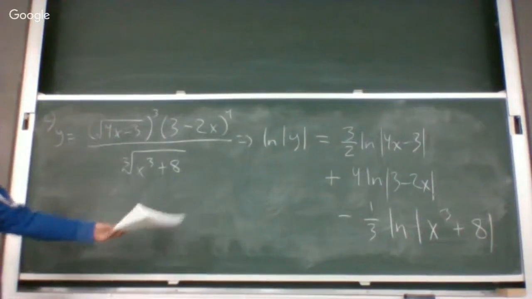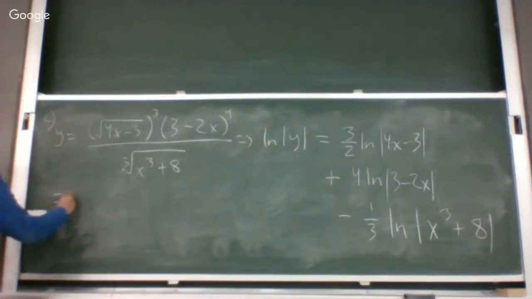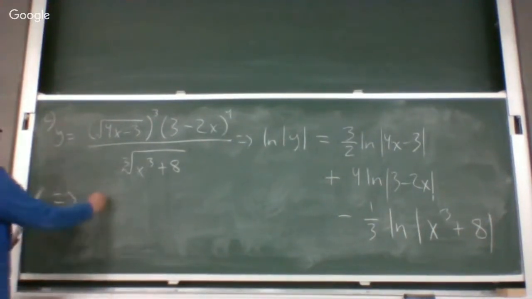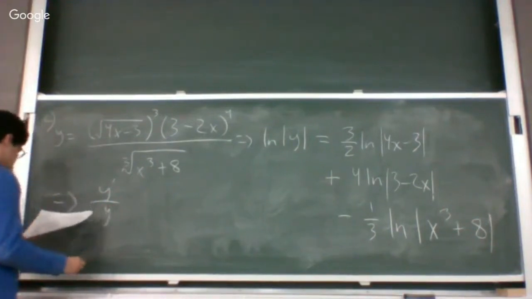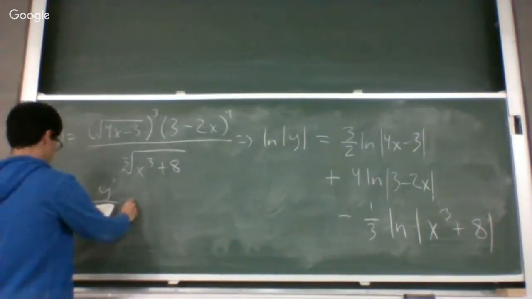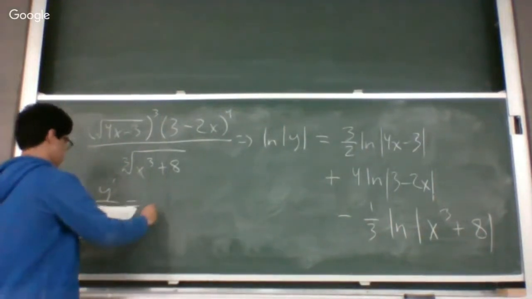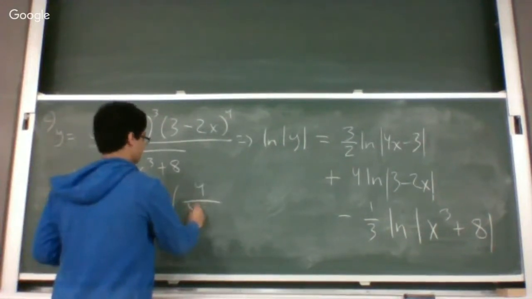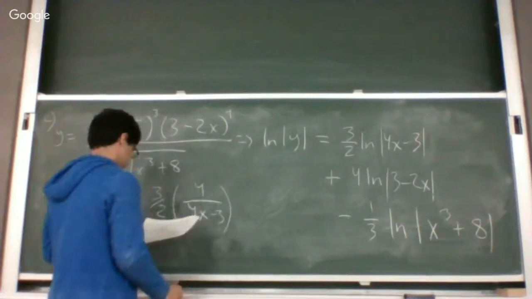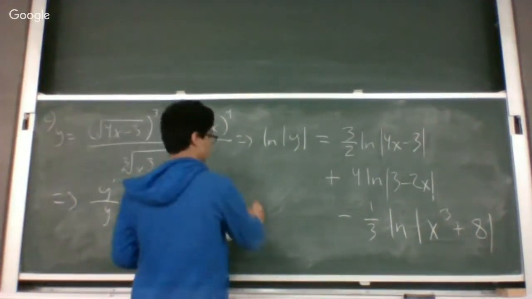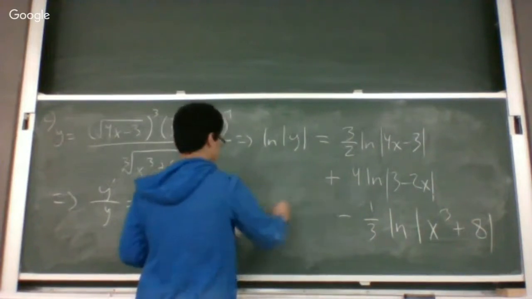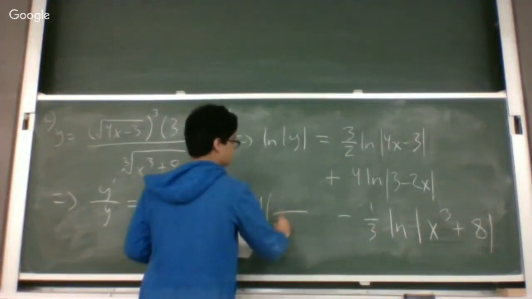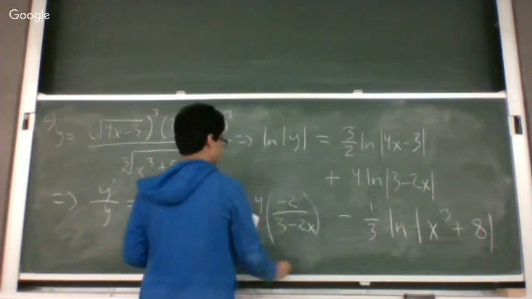So then we take the derivative of all of that. The derivative of the natural log of the absolute value of y is y prime over y. That's equal to 3/2 times 4 over 4x minus 3 plus we have 4 and then 3 minus 2x at the bottom and a negative 2 on top.